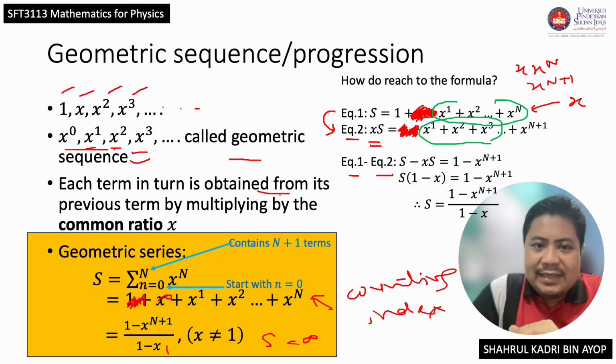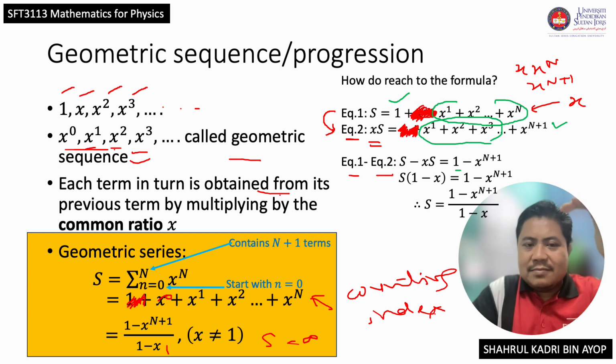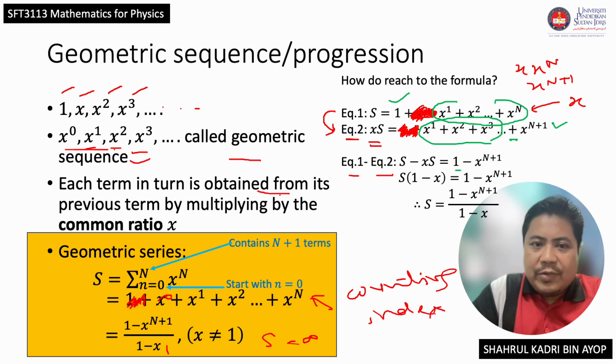What remains is 1 and also x to the power of n plus 1. So we have 1, and this is because we subtract equation 1 minus equation 2, so this is minus x^(n+1). So we have s minus x times s.